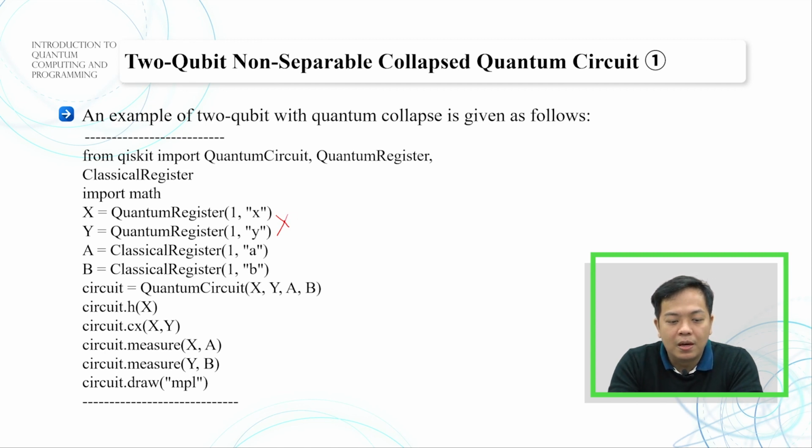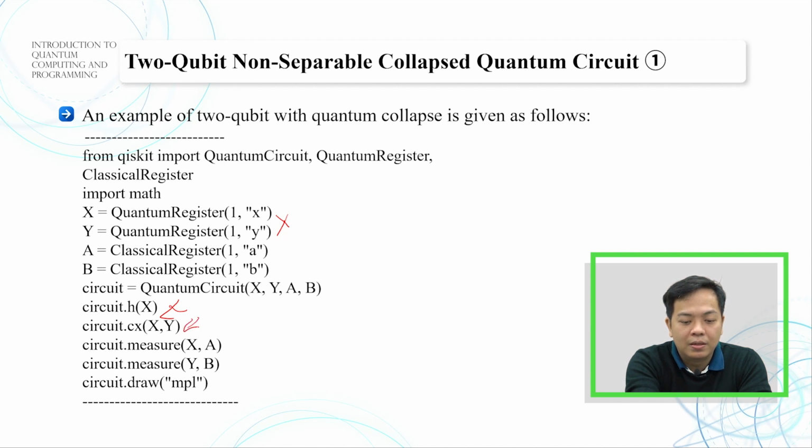2 qubits, and A and B simulate classical binary values like 0 and 1. Over here we create the Hadamard gate and we create the circuit.